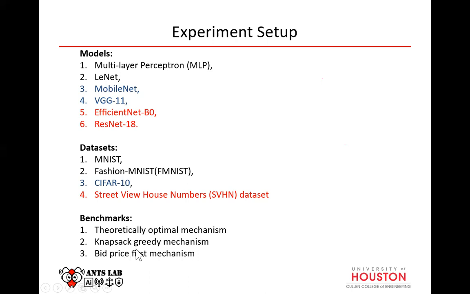It adopts the depth-first search approach to find the theoretical optimal solution for the LQM problem, which, however, cannot guarantee the truthfulness of nodes. And the second is the knapsack greedy mechanism. It greedily selects winner nodes based on the amount of training data set.